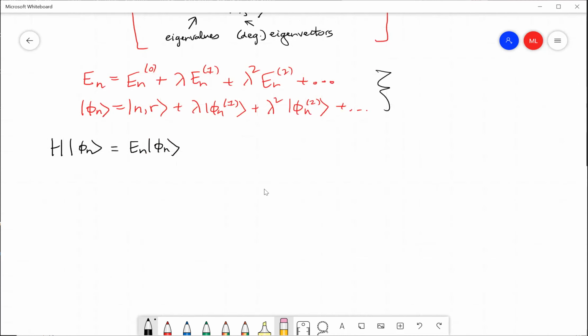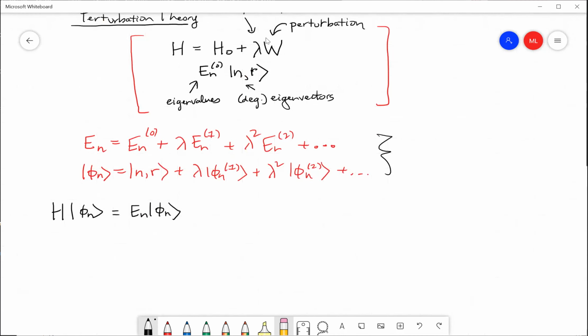Instead of H, you first of all replace it with your perturbation. So this becomes H naught plus lambda W acting on phi n. And then instead of E, you would put E n 0 plus lambda E n 1, and so on, times phi n, right?